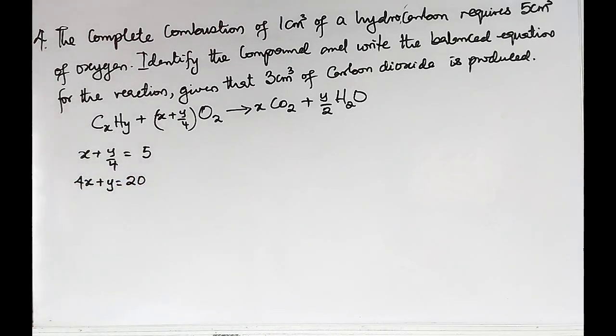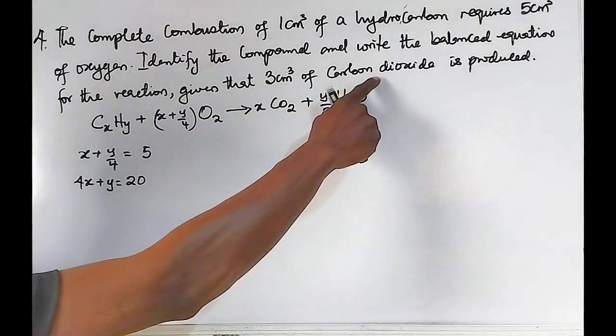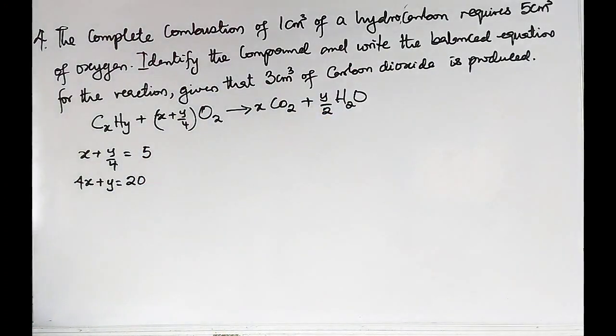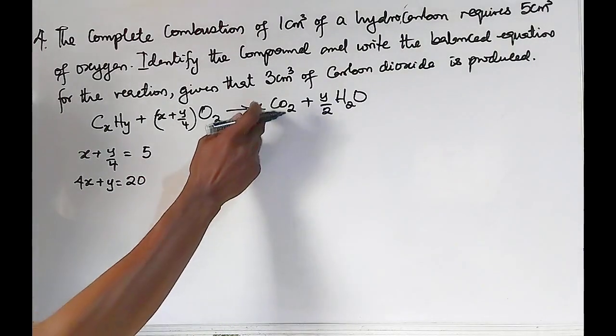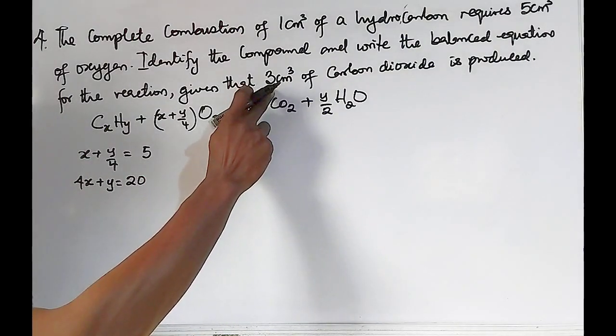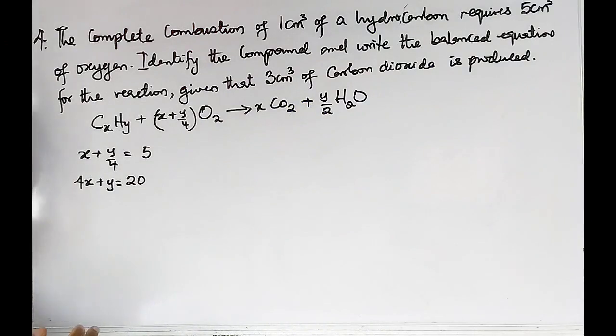We are also told that 3 cm³ of carbon dioxide is produced, so if this is the number of moles and 3 cm³ is produced, then x is equal to the volume, which is 3.